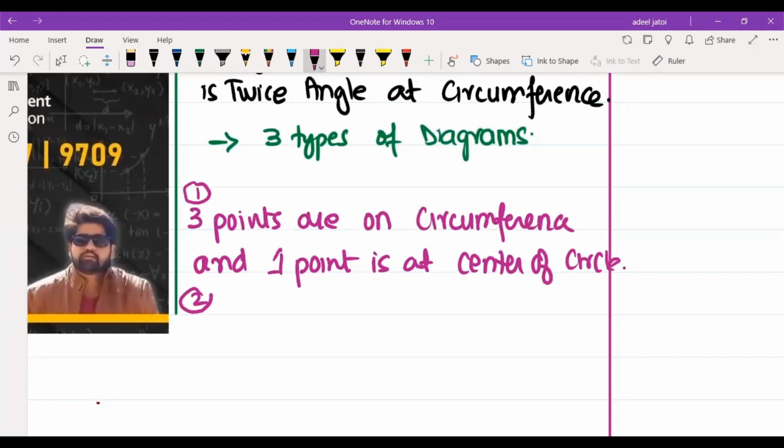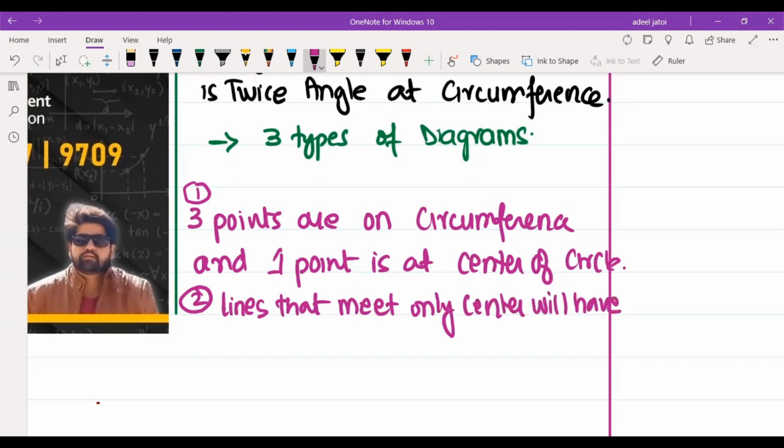The second common thing is lines that meet only the center will have an angle which is twice.